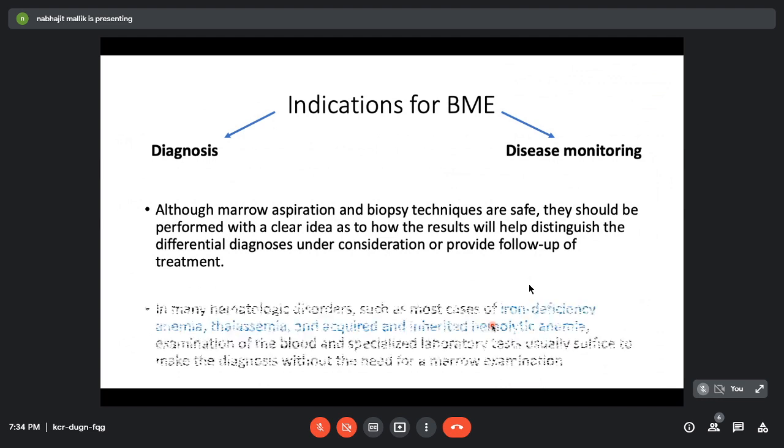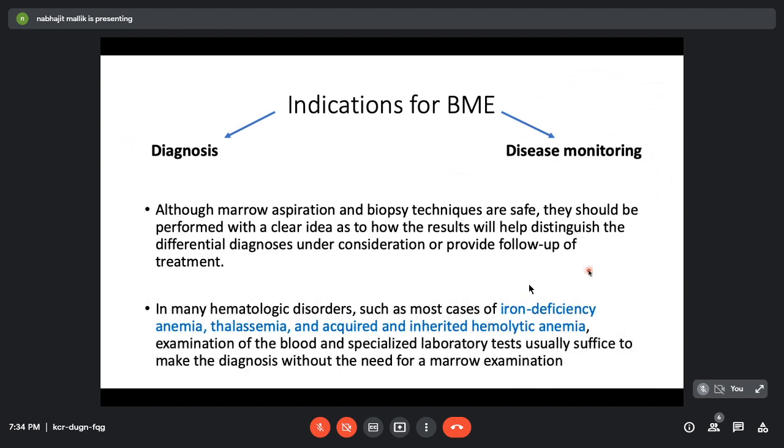In many hematological disorders, such as most cases of iron deficiency anemia, thalassemias, and acquired inherited hemorrhagic anemias, we do not really need a bone marrow examination. So we should keep in mind that not all hematological disorders need a bone marrow examination to make a diagnosis.